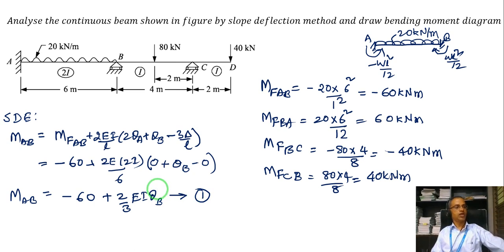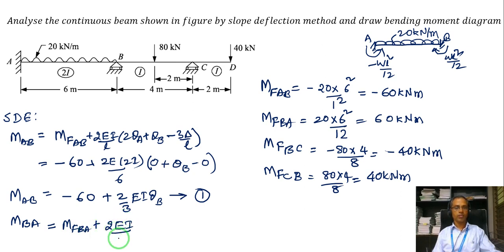Now similarly, let us work out the moment at B in the span AB, which is MFBA plus 2EI by L, 2 theta B plus theta A minus 3 delta by L.